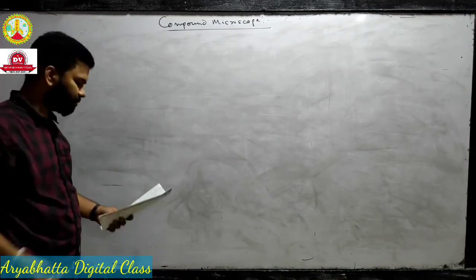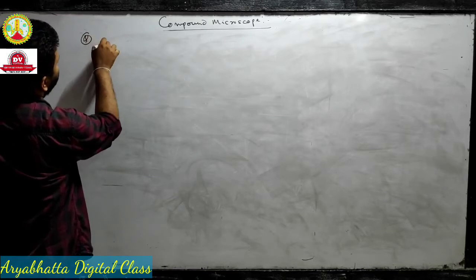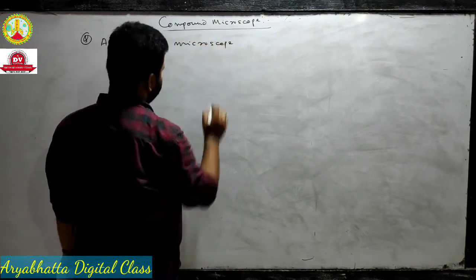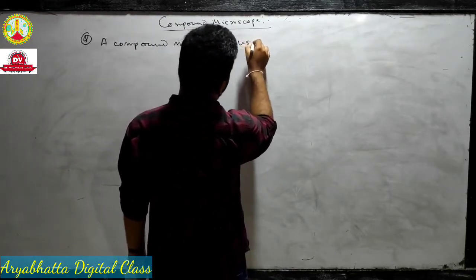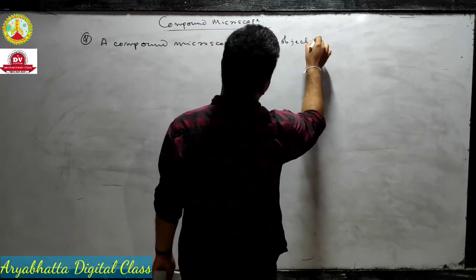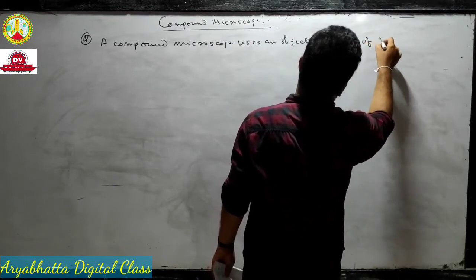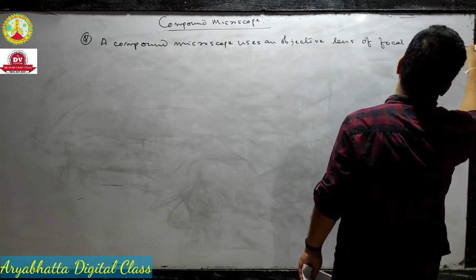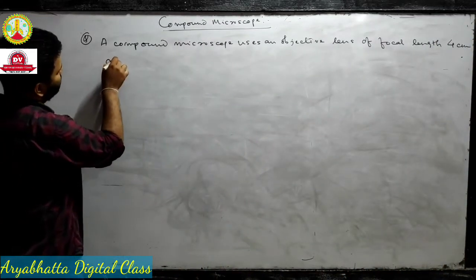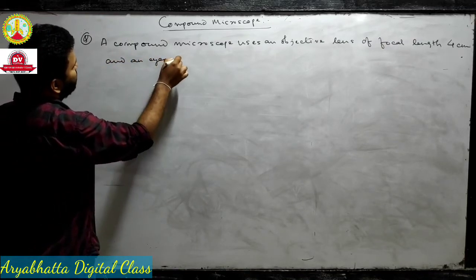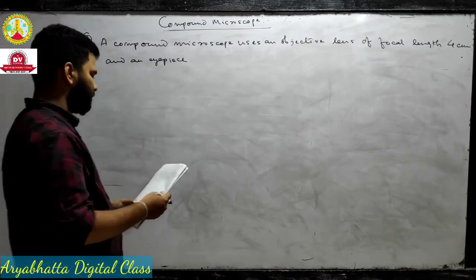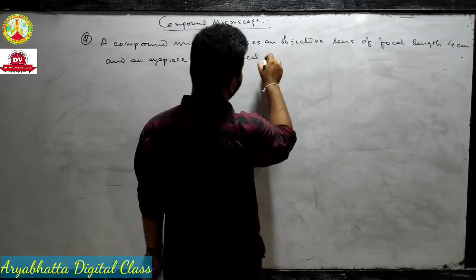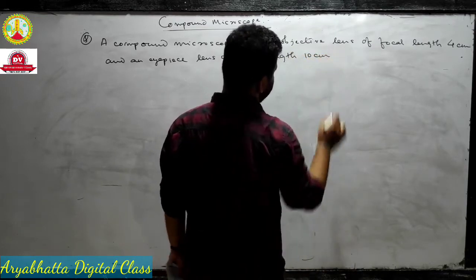First, let us write the question. Question: a compound microscope uses an objective lens of focal length 4 centimeter and an eyepiece lens of focal length, obviously this focal length will be more than the objective's, 10 centimeter.